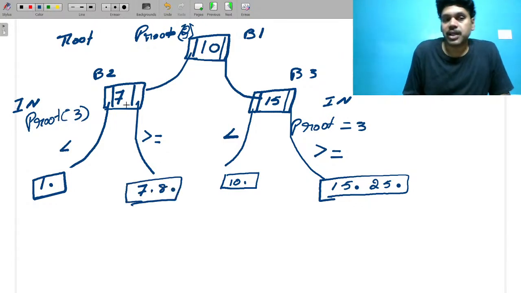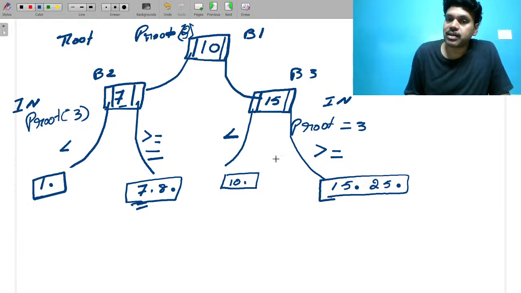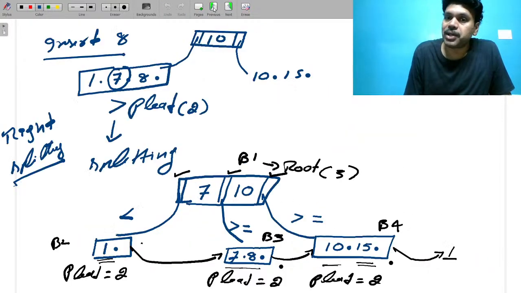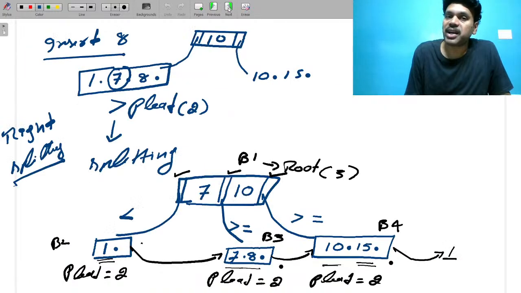So observe carefully, this 7 is brought down as it is greater than or equal to. This 10 is brought down. This 15 is also brought down as it is greater than or equal to. Now you see that all the keys are completed, because our target is to insert those many keys. We already completed. So this is your final structure.